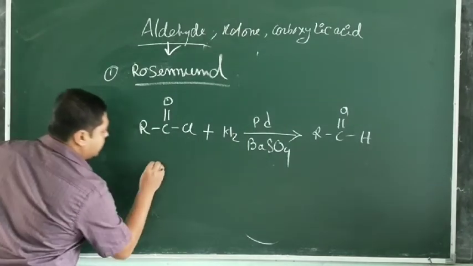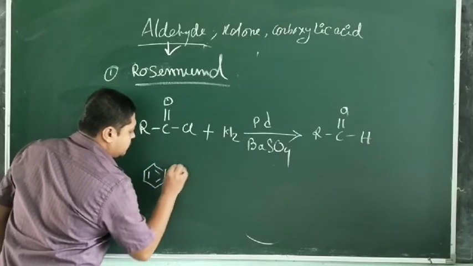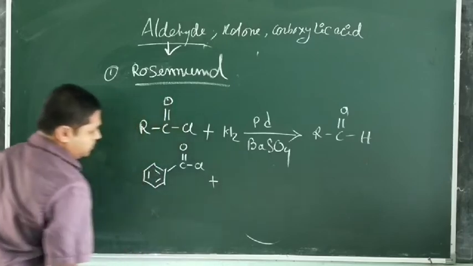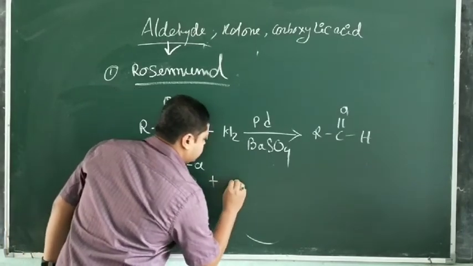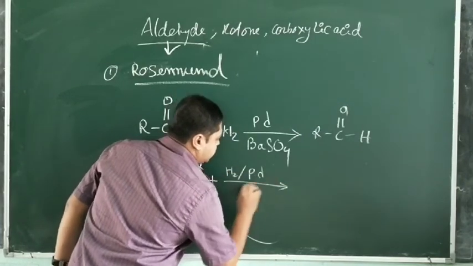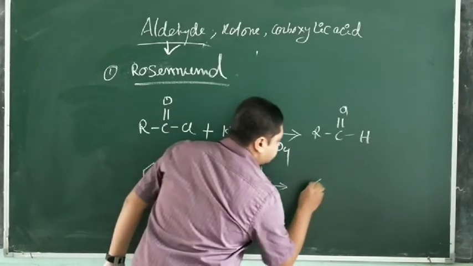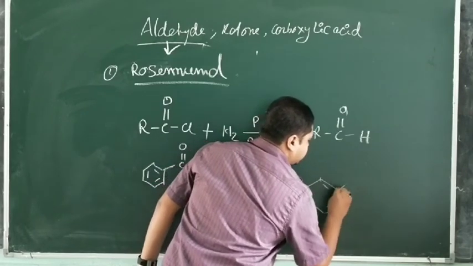Similarly, when an R group is replaced by a phenyl group, this is benzoyl chloride. Benzoyl chloride is treated with the Rosenmund reagent, hydrogen and palladium in presence of barium sulfate. Then what is the product? Benzaldehyde. And what is the side product?